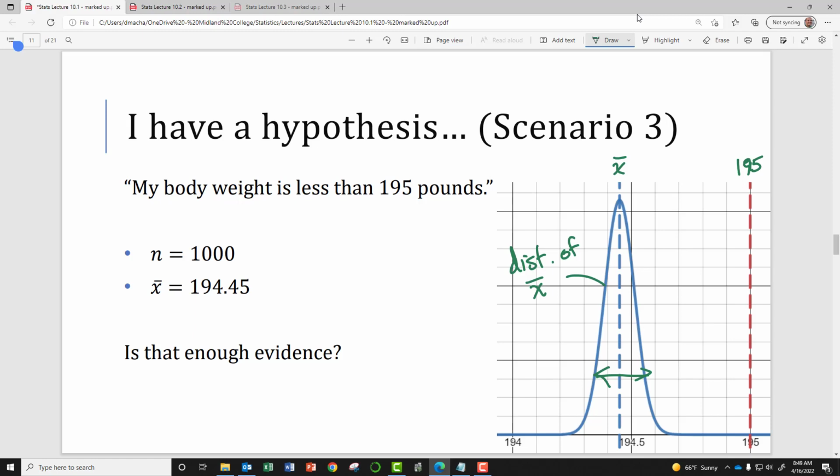So again, I practically have 100% certainty that my body weight is less than 195 pounds, because the area under this curve represents probability, and since all the area is to the left of 195, practically 100% of my probability is leaning in favor of my body weight being less than 195. So in this case, we would say there is enough evidence.